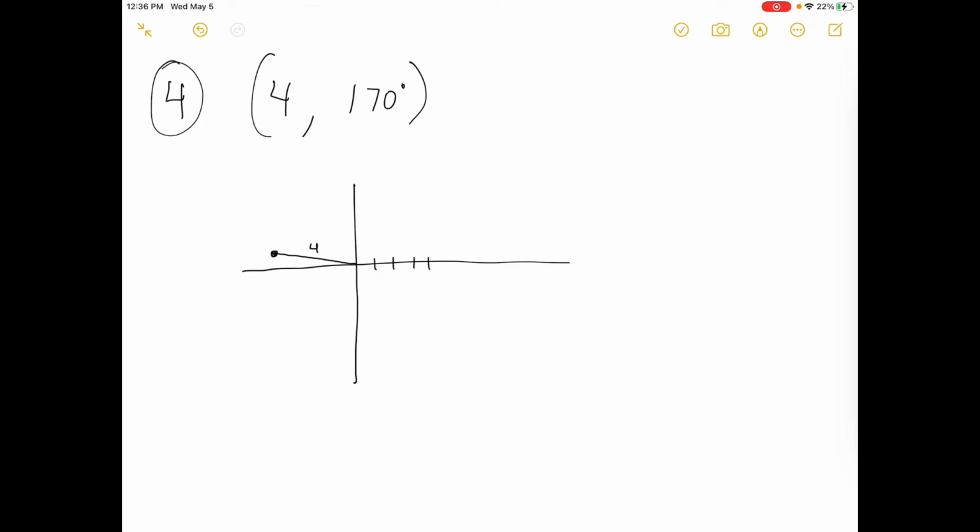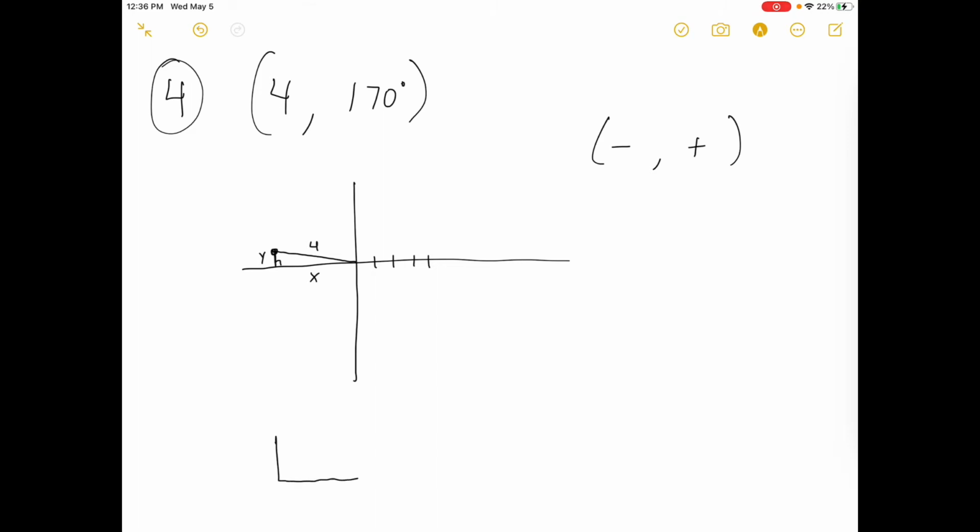And what we've got to do is, if I made a right triangle out of it, figure out the x and the y. Since it's in the second quadrant, it's going to be a negative x and a positive y. I'll just draw this right triangle so you can see it a little better.